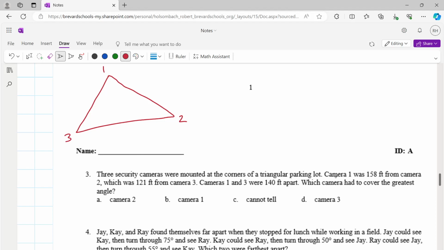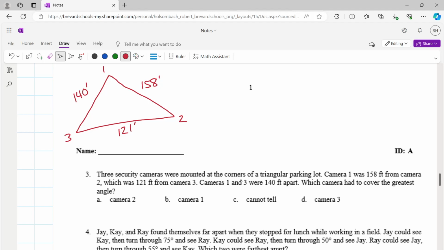Camera 1 is 158 feet from camera 2. So camera 1 to camera 2 is 158. Which is 121 feet from camera 3. So this is 121. Camera 1 and 3 were 140 feet apart. So 140.